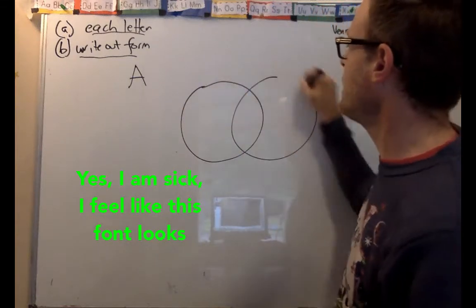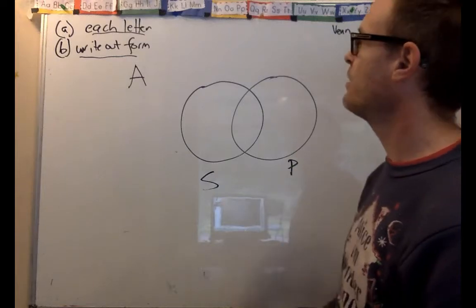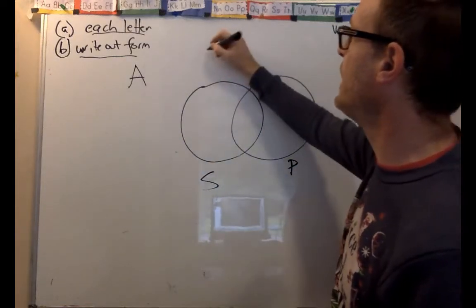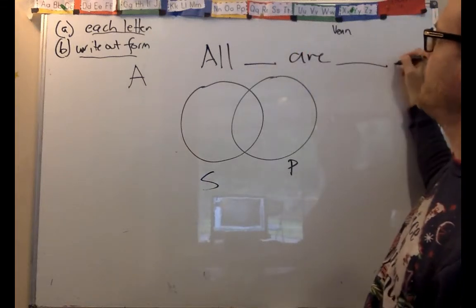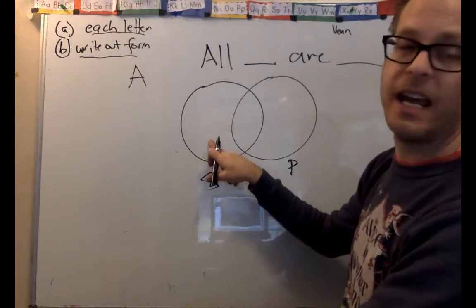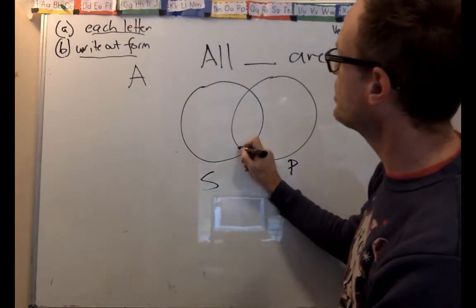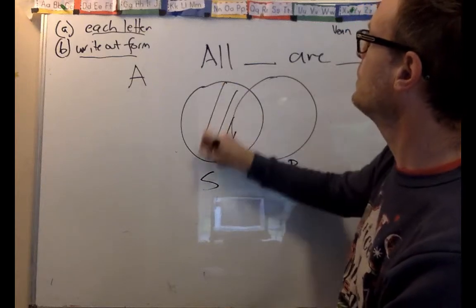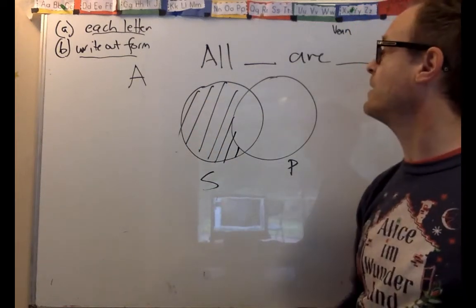So this is an A-type proposition. The subject is here, the predicate is here, and when I want to say all S are P, what we say is anything that's in the S circle is also in the P circle, which means it's got to be in here, so we color this part in, and that's empty. That is an A-type sentence.